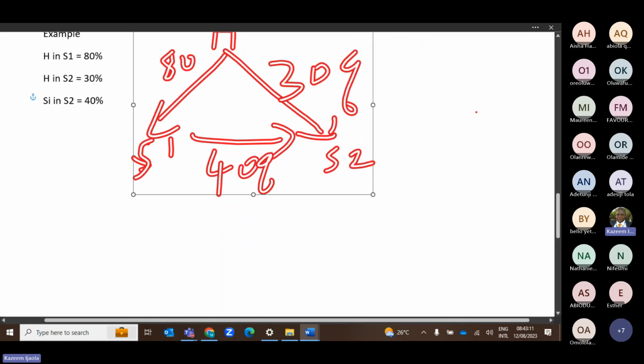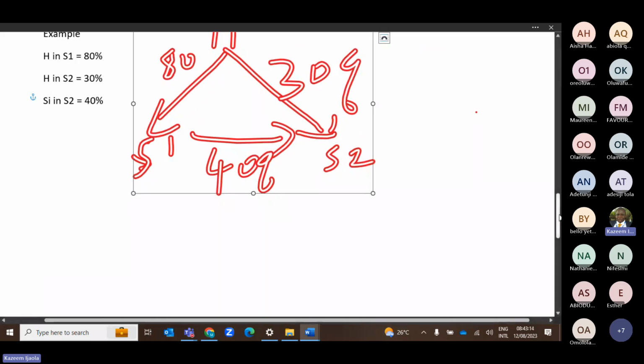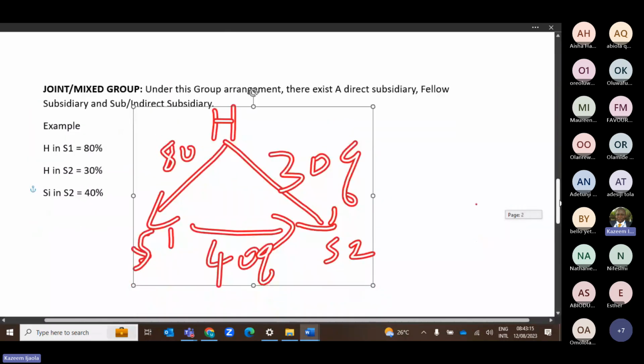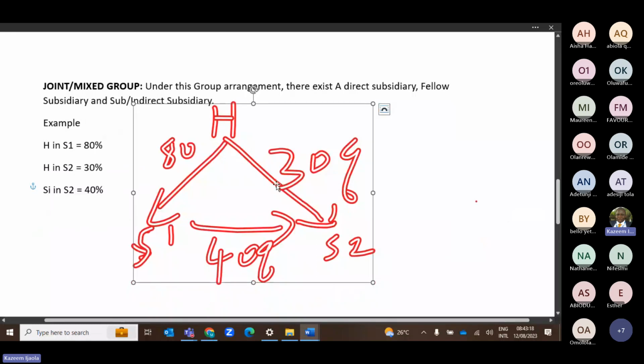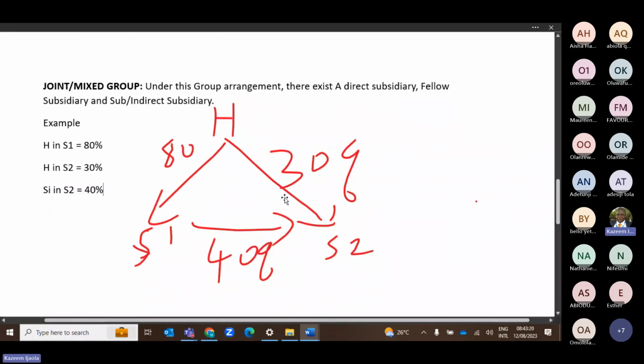So there are a lot of confusions here. Do you know the confusion? The number one confusion is that if I remove H in S2, 30% completely, what we have is an indirect subsidiary, correct?